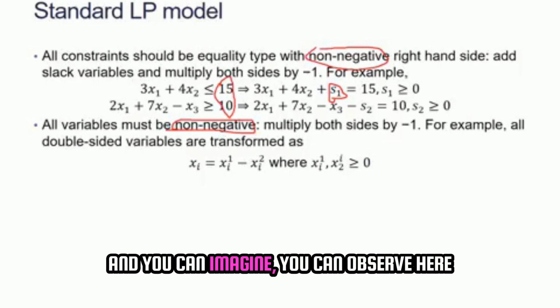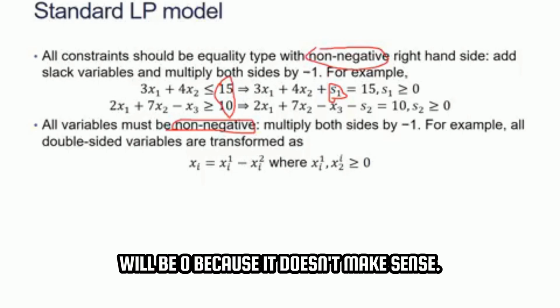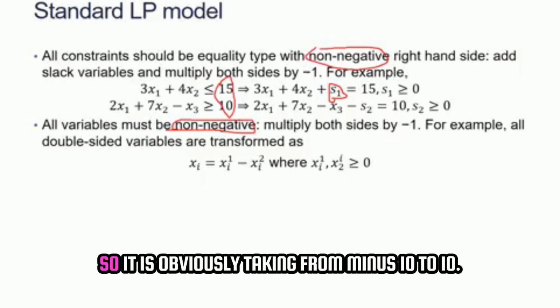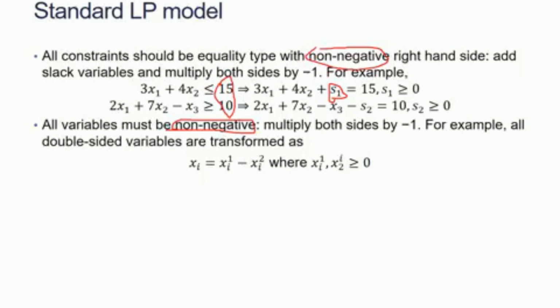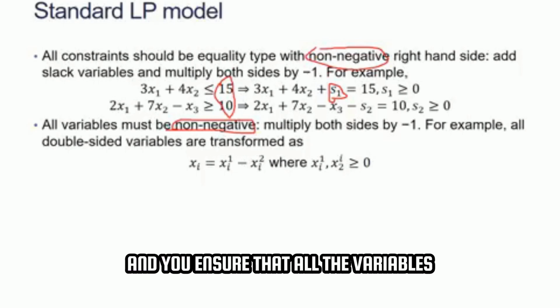You can observe here that if xi1 is from 0 to 10, then xi2 will be 0 because it doesn't make sense otherwise. And if xi1 is 0, then xi2 can take values from 0 to 10. The minus sign is there, so it is effectively taking values from minus 10 to 10. This is the way you split a single variable into two-sided variables, and you ensure that all the variables are in non-negative form.